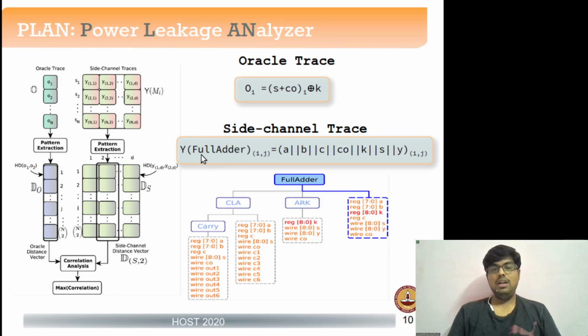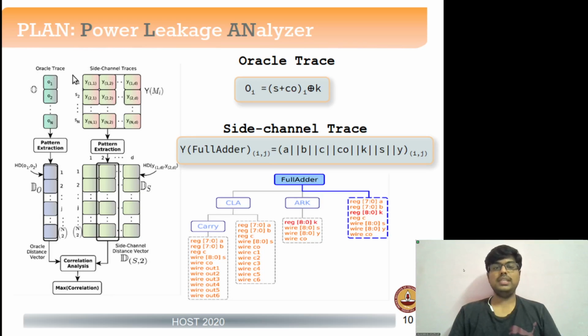For example, in a full adder circuit, the signals are A, B, K, C and so on. The values present in all these signals are concatenated together to form a single quantity. That quantity represents a side channel value of that particular module. Here, i, j depicts the ith input and jth clock cycle.